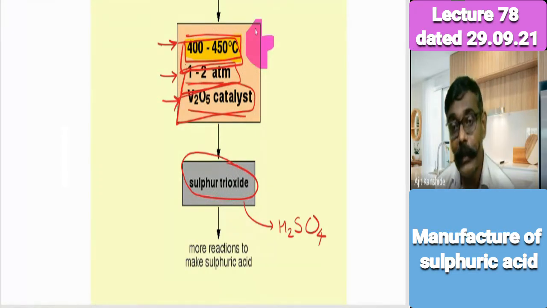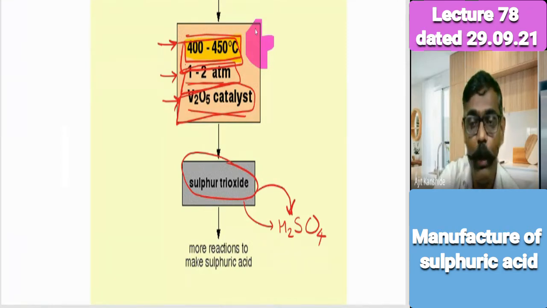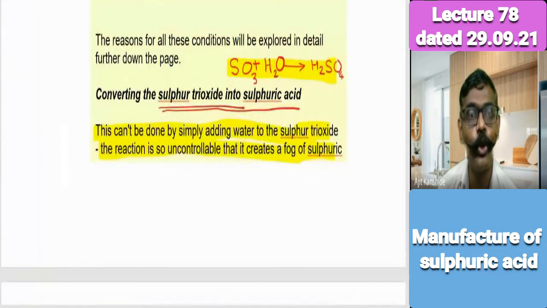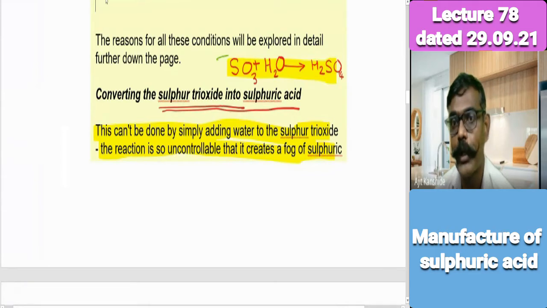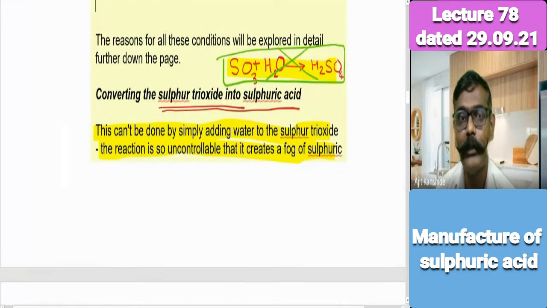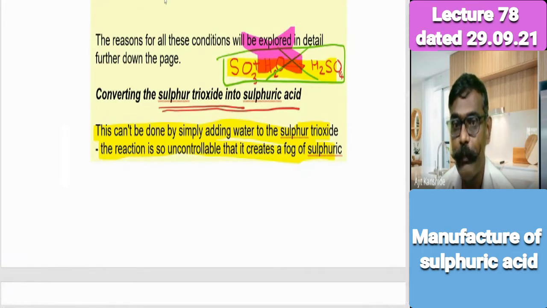Further detailed explanation I am giving. After obtaining sulfur trioxide, the next step is getting sulfuric acid. How do we get sulfuric acid? You said that it may be the course of the reaction that sulfur trioxide combines with water to produce H2SO4. But this is not the practical way to perform the reaction. Why not? Because by simply adding water to sulfur trioxide, the reaction is uncontrollable.